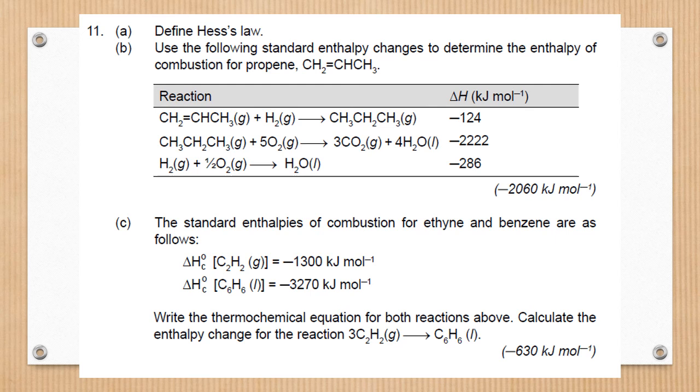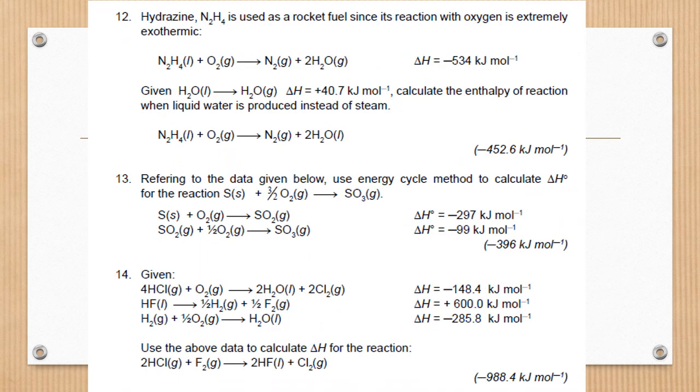So this is the question for number 11 on Hess Law. There are 3 questions, A, B, and C. Question number 12, 13, and 14. So notice that question number 13, referring to the data given below, use energy cycle method.